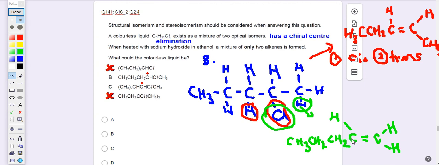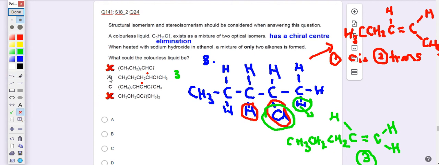We check the carbon sharing the double bond. This carbon is bonded to 2H, not different groups of atoms, so no cis-trans. So this is our third alkene. So elimination of B will give us three alkenes, 1, 2, and 3. But we are looking for two alkenes only, right? So I think B is not our answer.